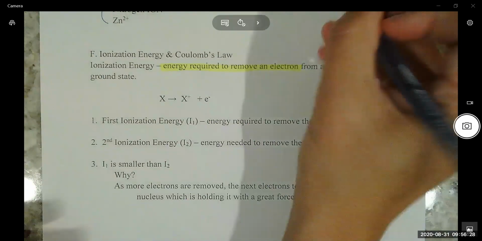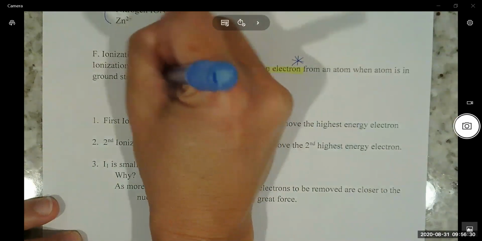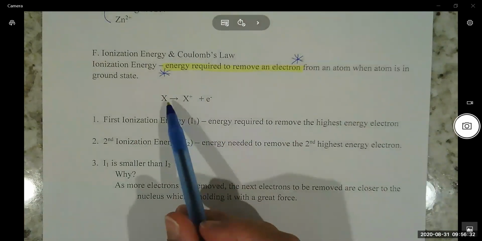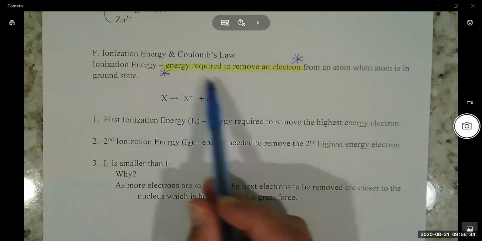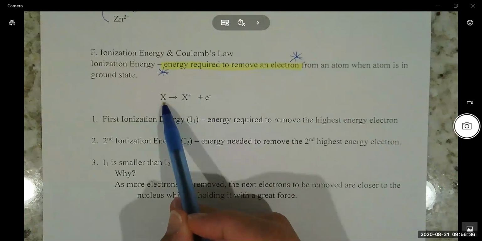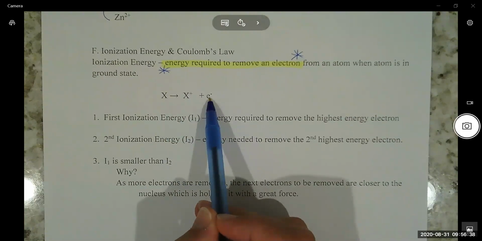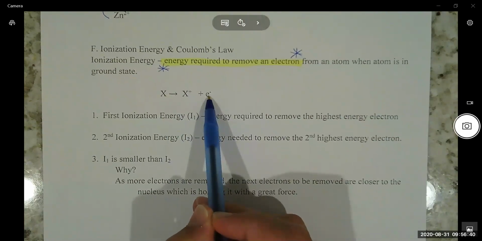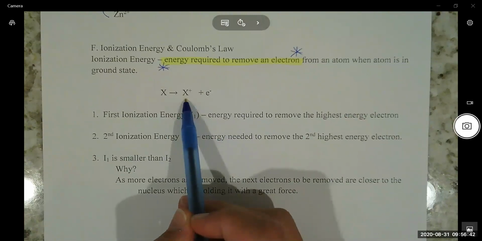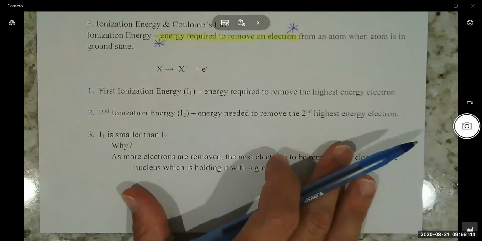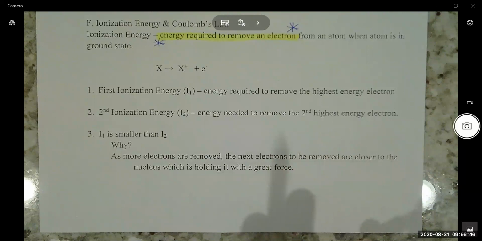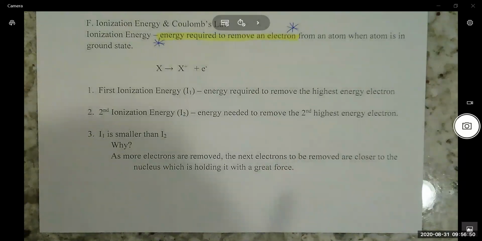Anytime you're asked to write the general formula for ionization energy, you're always going to show the element and the electron being removed, and if an electron is removed, that makes the ion positive. Let's look at first ionization energies. There are multiple ionization energies for each element because they have multiple electrons.